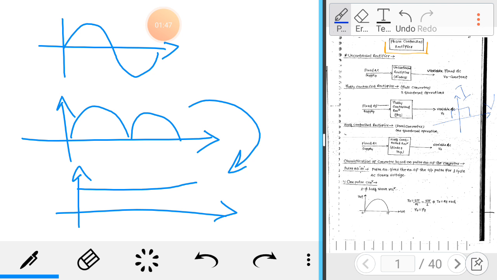In today's session we will discuss how the harmonics affect the applications of the phase control rectifier, and we will also consider the harmonic analysis at the AC side and DC side.